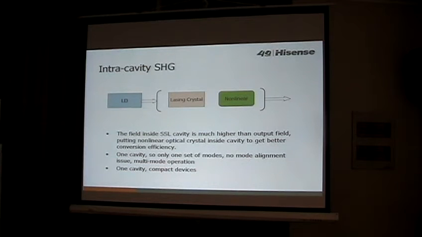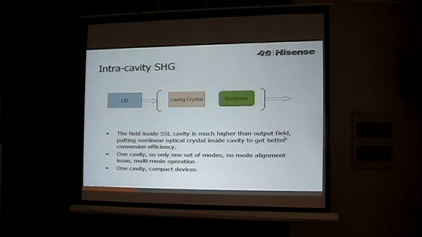Parallel to the resonator-enhanced cavity structures, another structure is to put both the lasing crystal and the nonlinear crystal into one cavity. In this kind of configuration, we have the same benefit as the resonator-enhanced structure because the nonlinear optical crystal is inside the cavity.